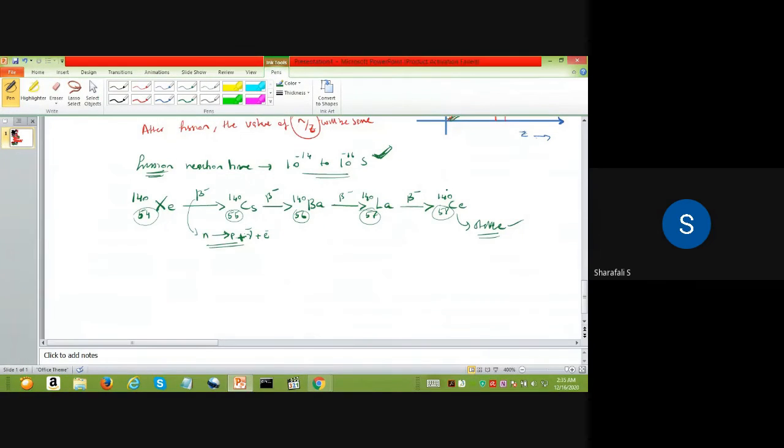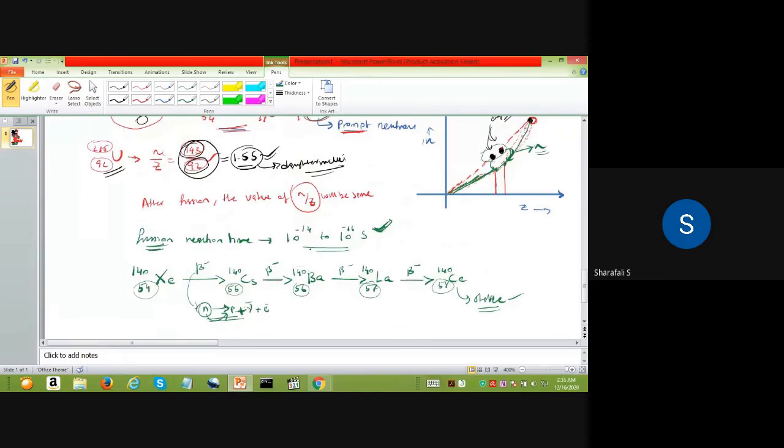This is cerium. Okay, that will form, and so in each step one neutron is converting to proton, so that the excess number of neutrons are converted into protons, and then that will come to this stability line. See here, the stability line, it will reach that stability line. So initially the neutrons are immediately gone after that fission process.